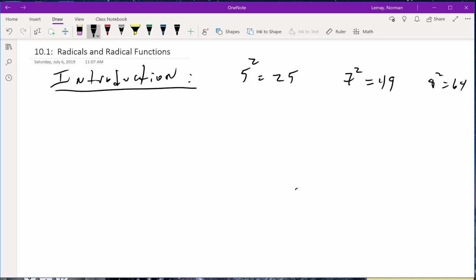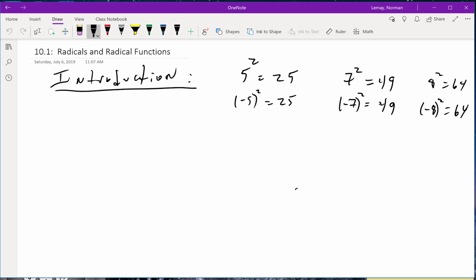But I'd also like to look at negative 5. If I raise that to the second power, we also get 25. Negative 7 raised to the second power also gives 49. And negative 8 raised to the second power also gives 64.